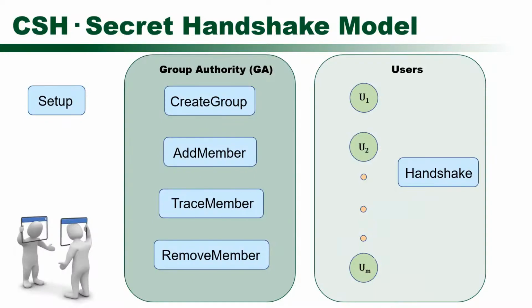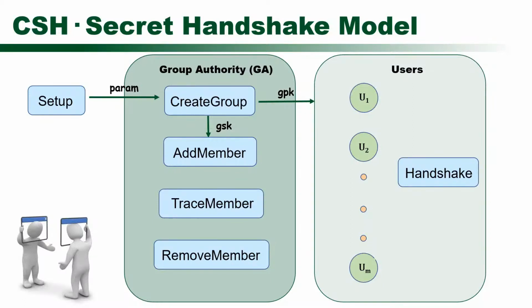Now, let's take a look at the secret handshake model. The secret handshake game operates in an environment which contains a set of groups managed by group authorities and a set of users U_N to U_M registered into some groups. Setup generates parameters and sends them to GA. GA creates a group, and the public output is the group public key.